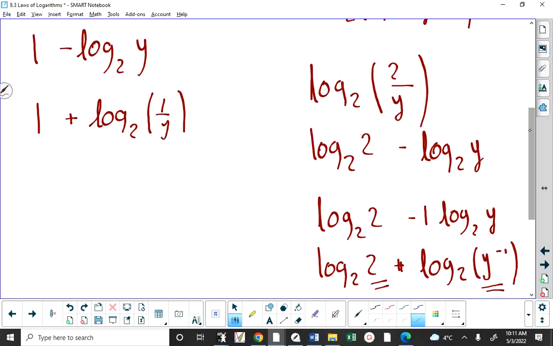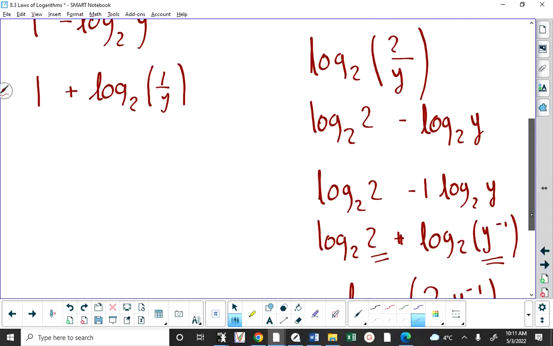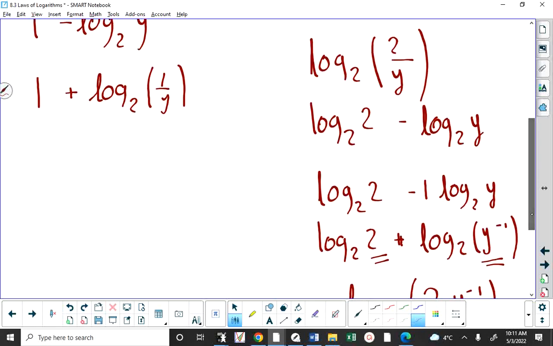Ian? How come for example B, the last one, log base 2 of y, how come that y is not on the numerator? Are you talking about here? Above or below?